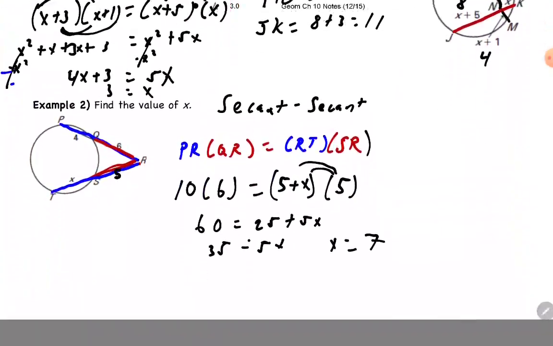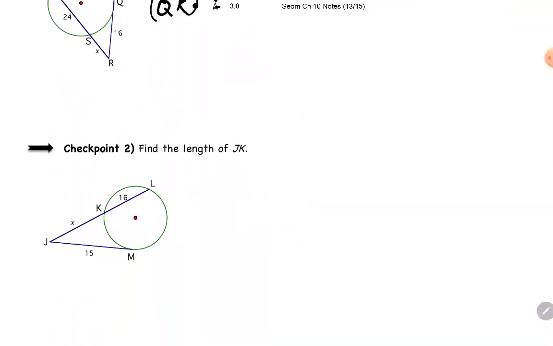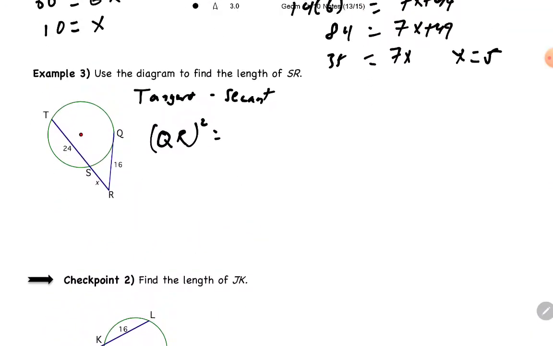Okay, going back to our example. QR squared is equal to the whole secant, which is TR, times its outer piece, SR. Okay, so 16 squared is equal to TR, which is x plus 24, times x.